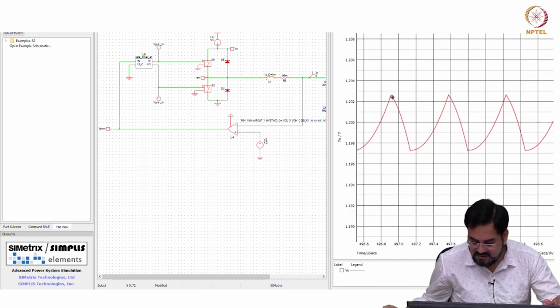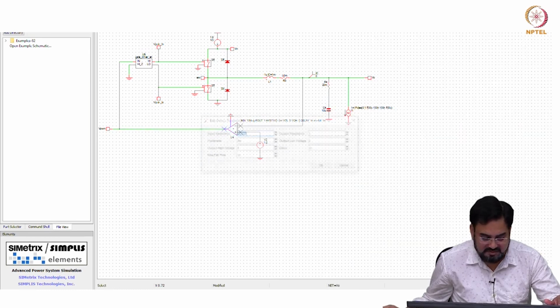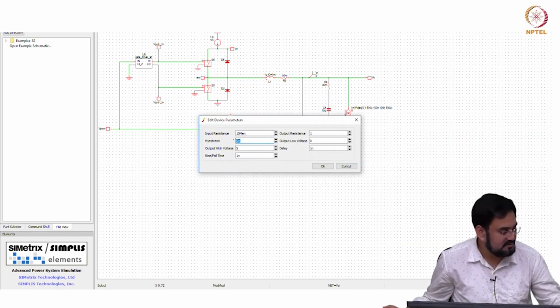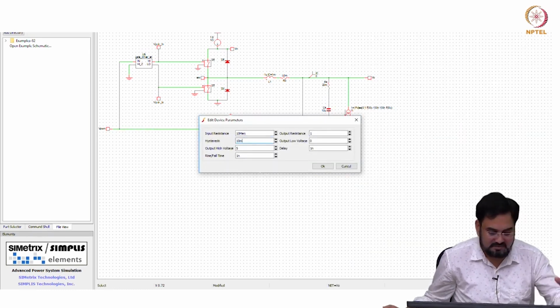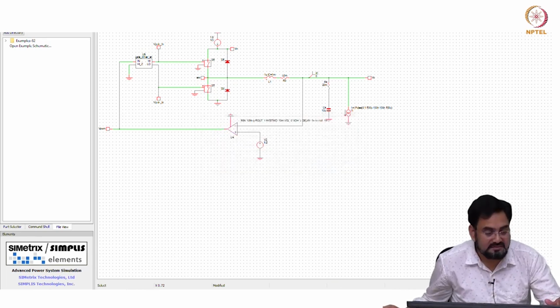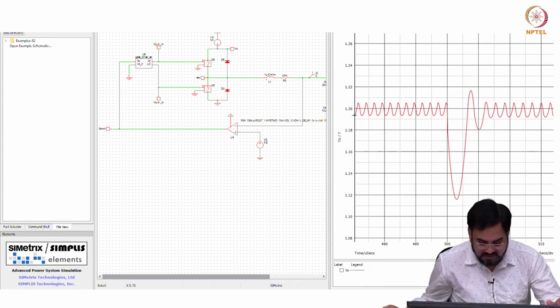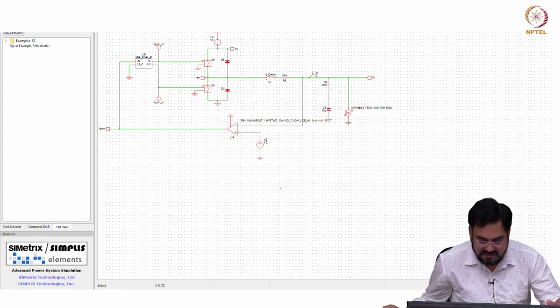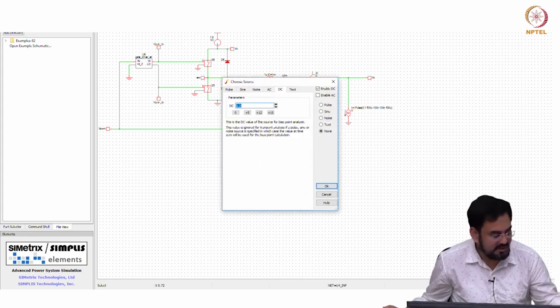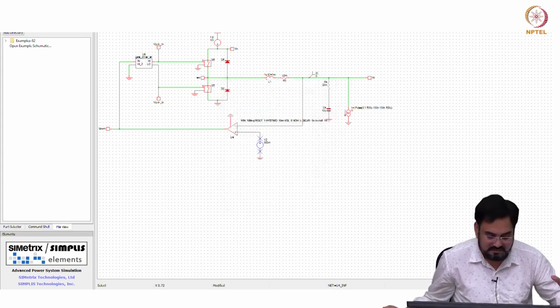So, looks like it is going peak to peak 5 milli. So, this should be 10 in that case. By the way, I think we did our calculation at 0.5, so output should be 0.9.